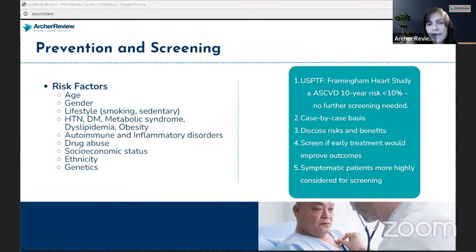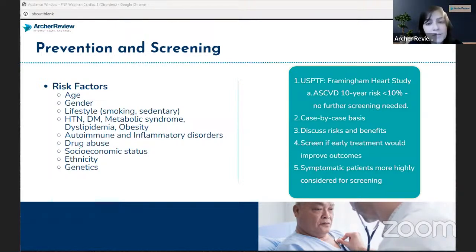The downside with the 10-year risk score is that it is used for ages 40 to 75, so it's a little bit limiting, especially if you have a patient in that 30 to 40-year-old window. But you want to screen, and you want to screen early, especially in patients with a family history. Oftentimes, early intervention in those patients can help improve outcomes. So definitely want to screen family history, ask those questions.